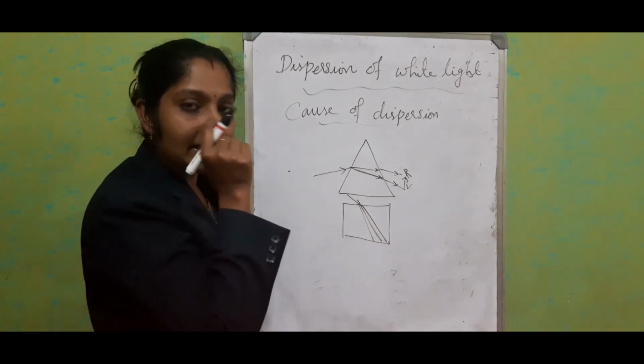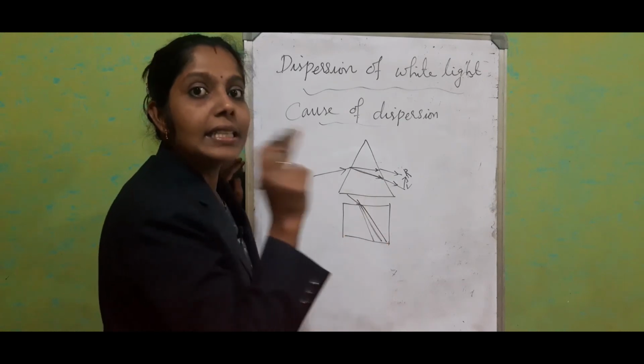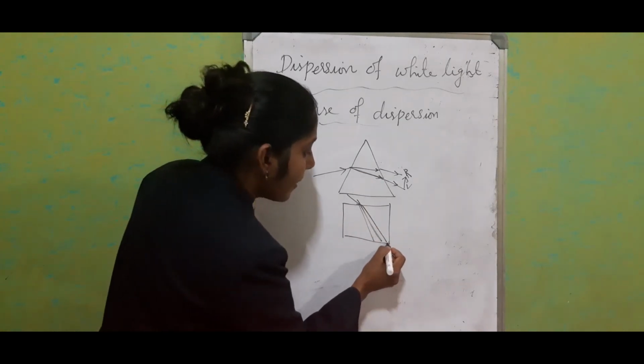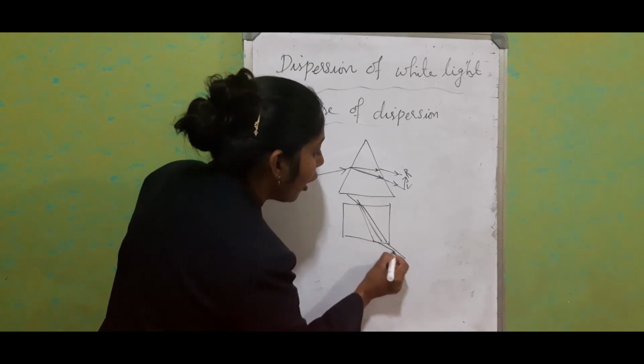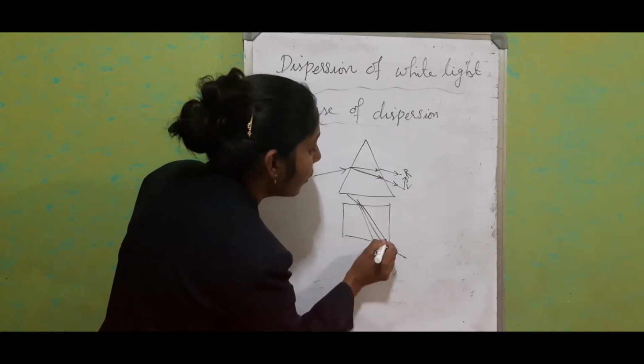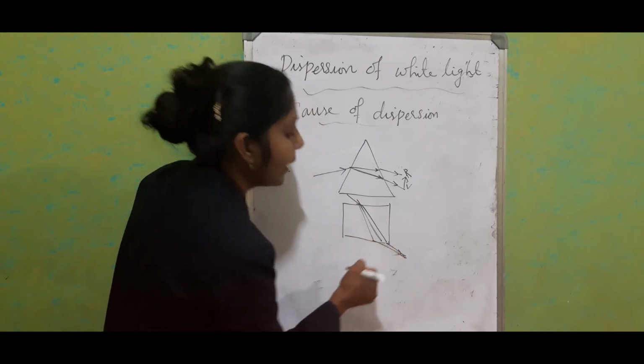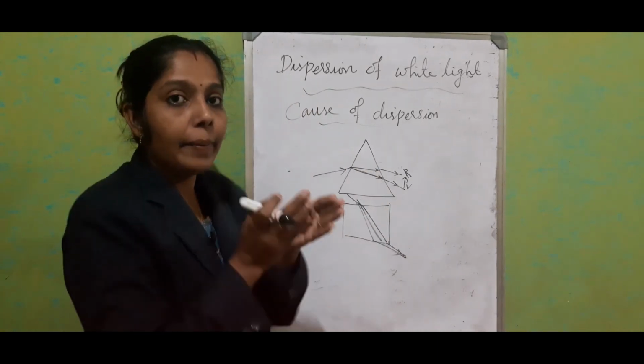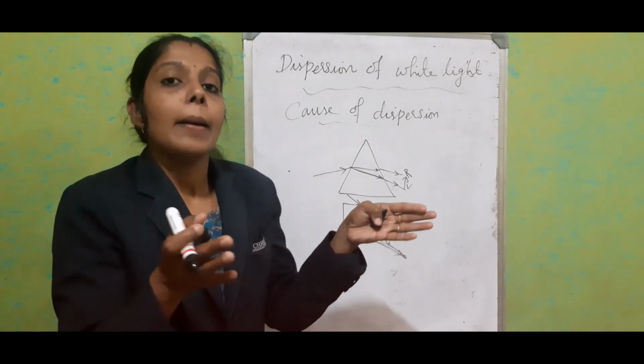But what happens when it comes out here? The angle of emergence is the same for all. So from here it again joins together and goes out like a white light. So we never identify it. But inside the prism or inside the glass slab, the splitting happens.